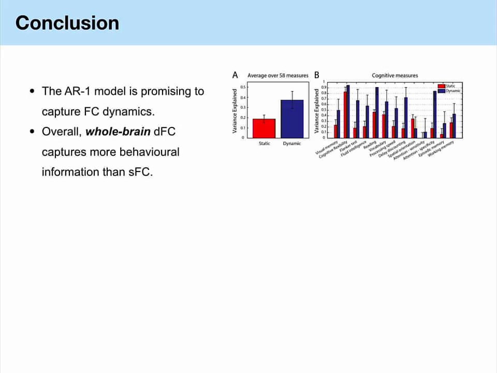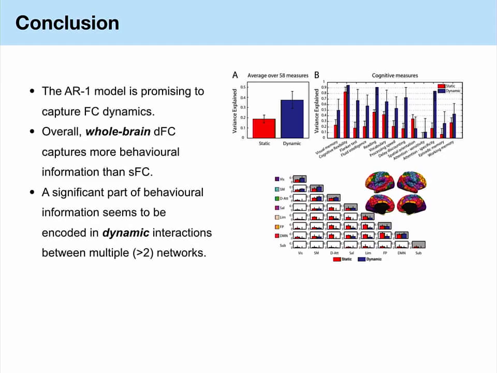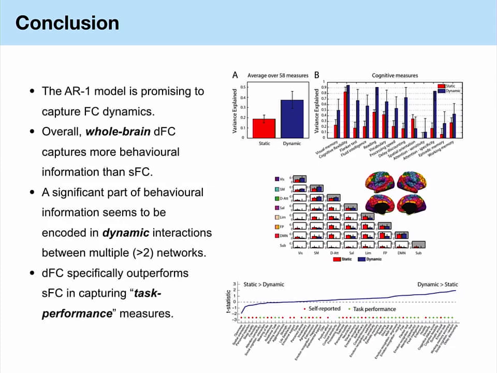The other points relate to the results that I presented. So the fact that DFC at the whole brain seems to capture more behavioral information, which is not observed when we focus on specific resting state networks. And the last result that I just presented in terms of this dichotomy that DFC and SFC seem to draw within behavioral measures.